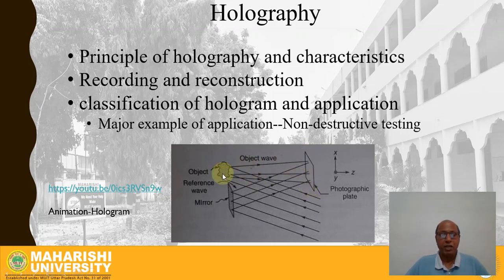The light coming from the object is recorded on the plate in the form of intensity in x and y direction. That's all. So this is a photograph, and there is no information about the third dimension, and that is depth. That means if you are looking at my image, you only see the photograph of my front portion. You are not able to see the depth.